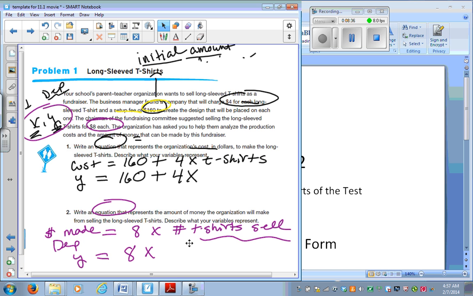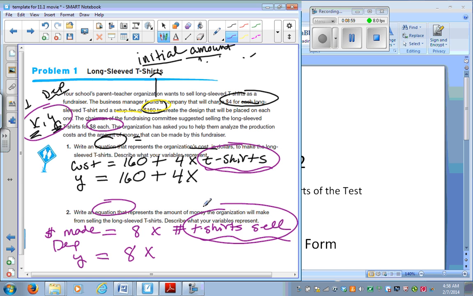It makes sense that we're really talking about the same number of t-shirts, because hopefully, at least if you're in business to make money, like it seems this group is, however many t-shirts you buy should be the same number that you sell, because what would be the point of buying them if you're not going to sell them to make money? So when we're talking about the number of t-shirts that we buy when we represent our costs, that's going to be the same number of t-shirts that we sell in our second equation. We're really talking about the same t-shirts.